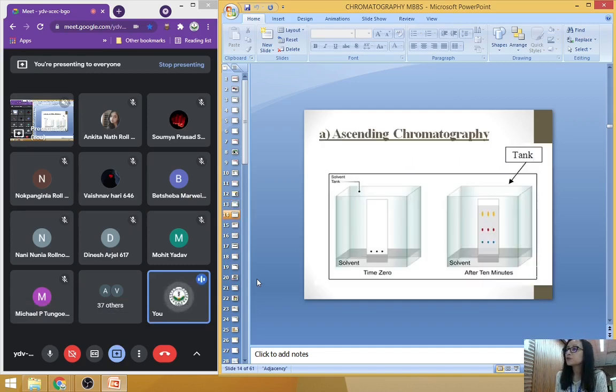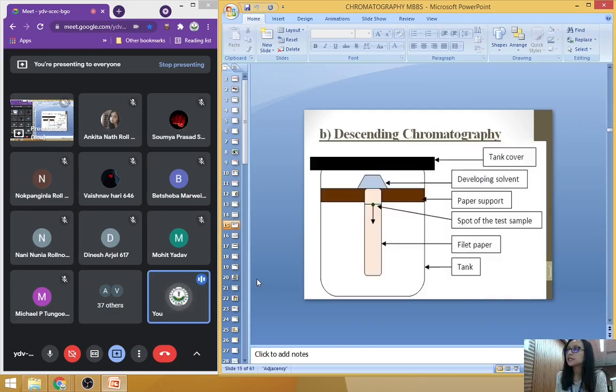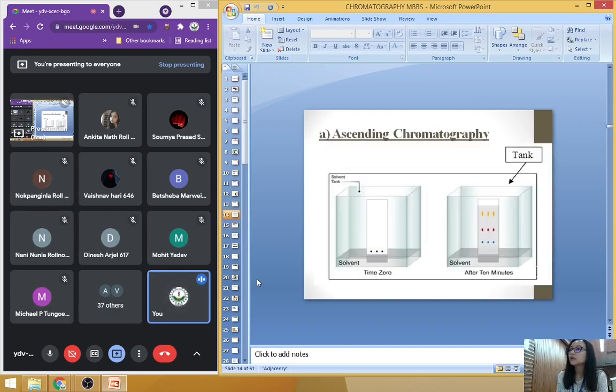Now paper chromatography is again of two types, ascending and descending. In ascending chromatography, from the name itself, you can understand. If you see this tank here, this is the paper, and this here is the solvent.